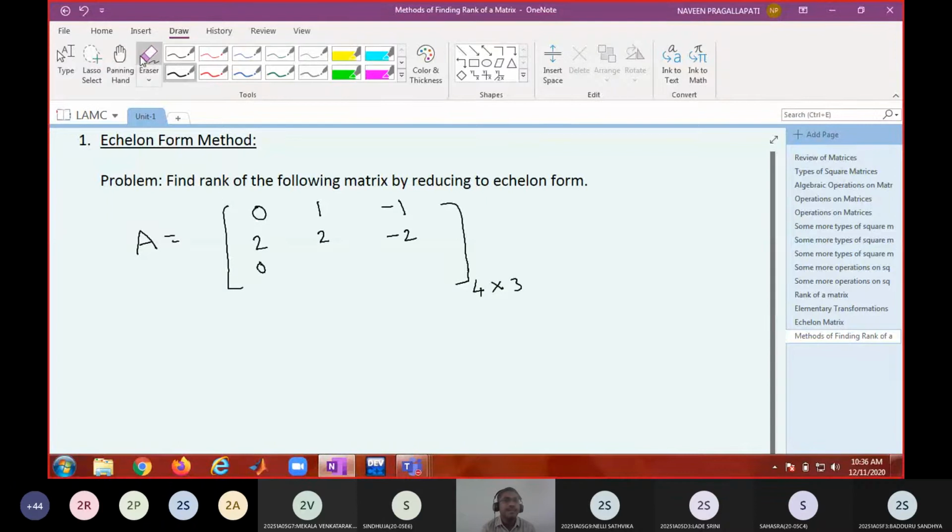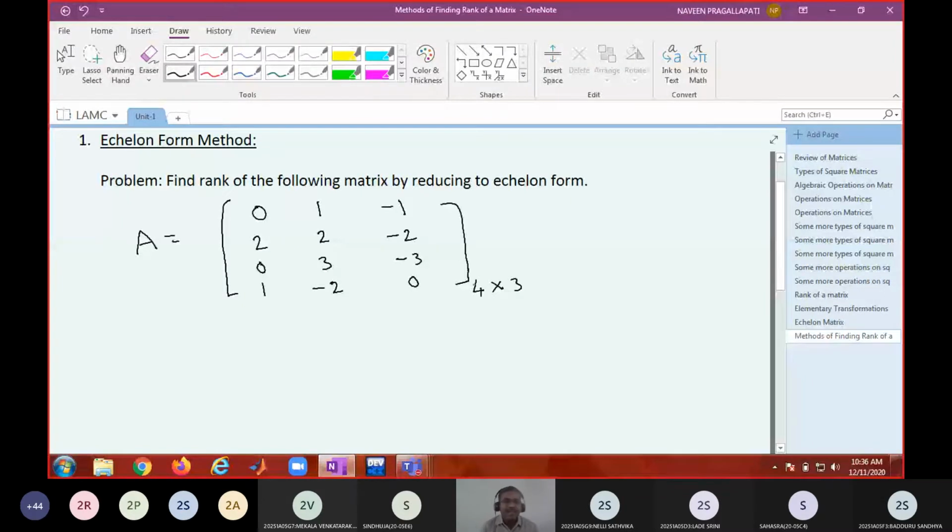Next, 1, 0, 3, -3. And 4 rows, no? One more: 1, -2, 3, 0.